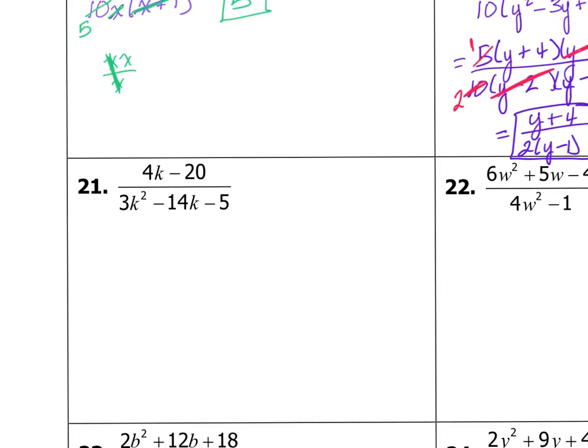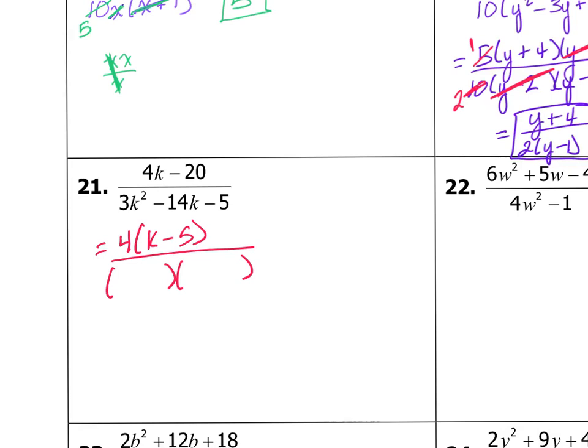Okay. So what goes into 4 and 20? 4. And then I'll have k minus 5. And in the bottom... Okay, so now this is where we're going to have to think about it a little bit, because 3 does not go into 14 or 5. But I know that the only thing that multiplies to be 3 is 3 and 1.